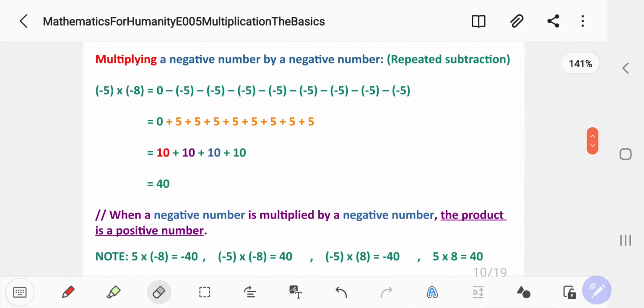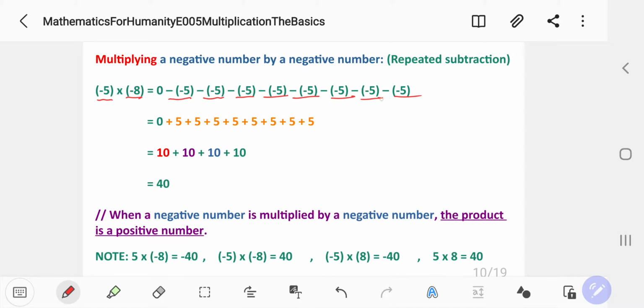So multiplying a negative number by a negative number. So again, we do repeated subtraction. So for example, you have negative 5 times negative 8. So you have to subtract negative 5 eight times. Minus negative 5, minus negative 5, and so on, eight times.